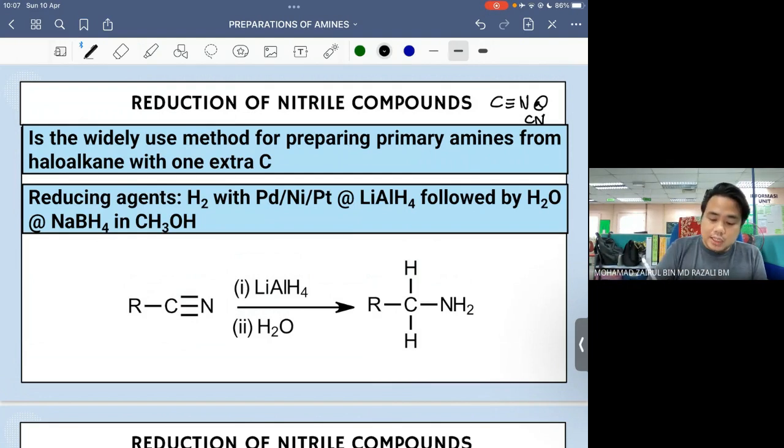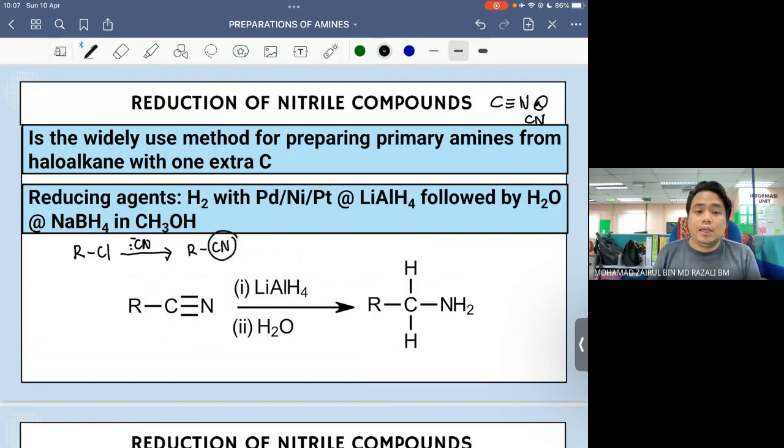So contohnya kalau saya ada haloalkane RCl, they undergo SN2 reaction dengan CN minus. Kita akan produce nitrile compound.